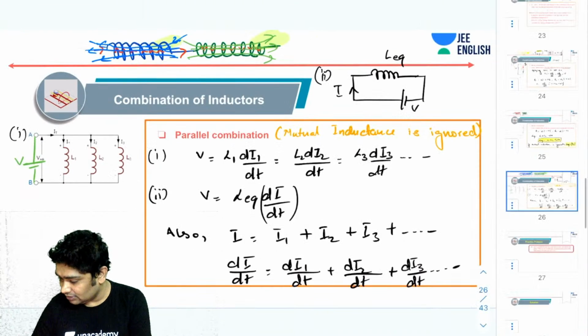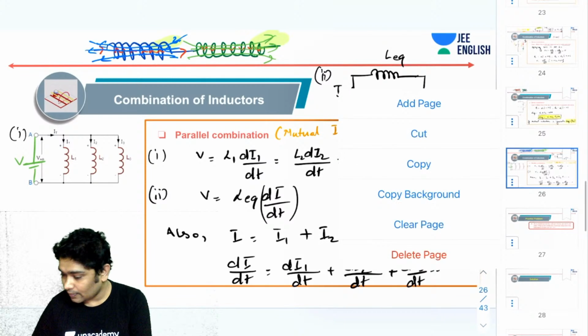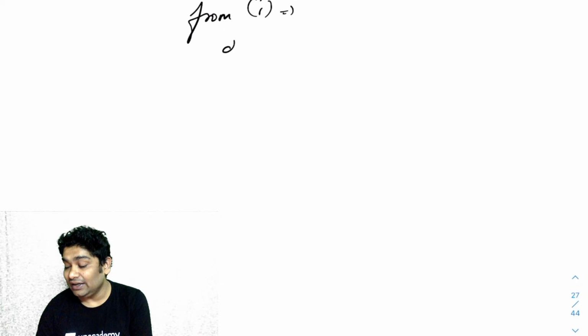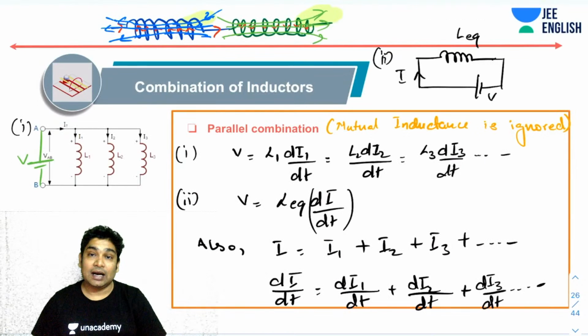Now, from the first set of equations, from one, I can say that di1 by dt would have been V over L1. Correct? I hope you can see that.